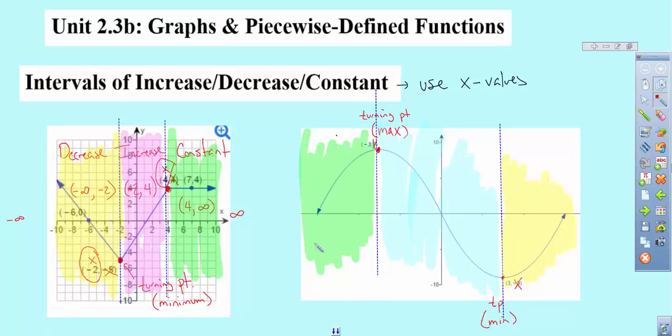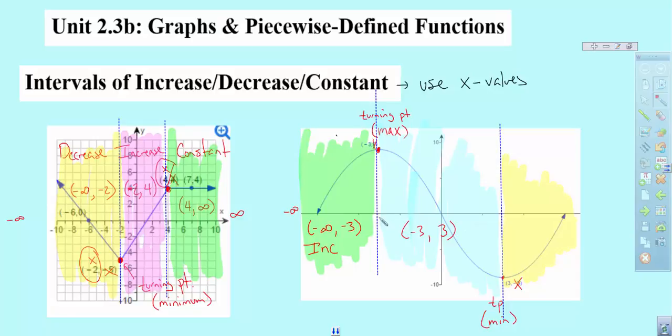The first one, right here, would be an interval of increase. So from negative infinity, because I'm coming from negative infinity, on over to negative 3, I'm increasing. From negative 3 to positive 3, right?